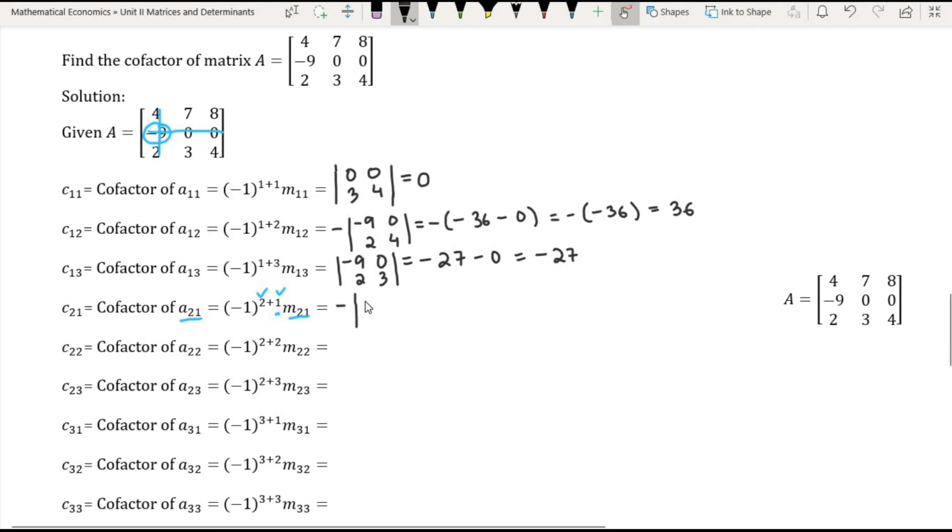On deleting the row and the column, we are left with elements 7, 8, 3, 4. 7 times 4 equals 28. 3 times 8 equals 24. 28 minus 24 equals 4. Therefore, the cofactor of the element A21, that is element -9, is -4. In a similar manner, the cofactor of all the other elements are found.